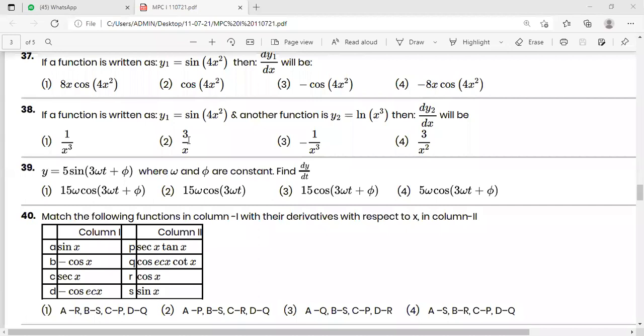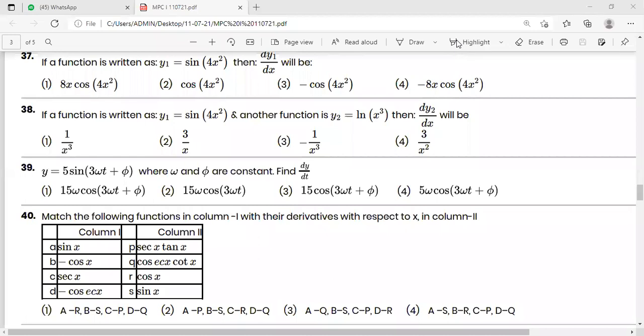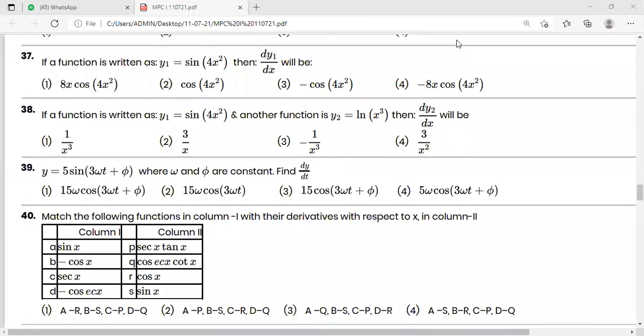38th question. The function is written as y1 equal to sin 4x square, y2 equal to log x cube. dy2 by dx they are asking. So dy2 by dx in the sense, only for the y2 function you can take the differentiation. No need to care about the y1 function.